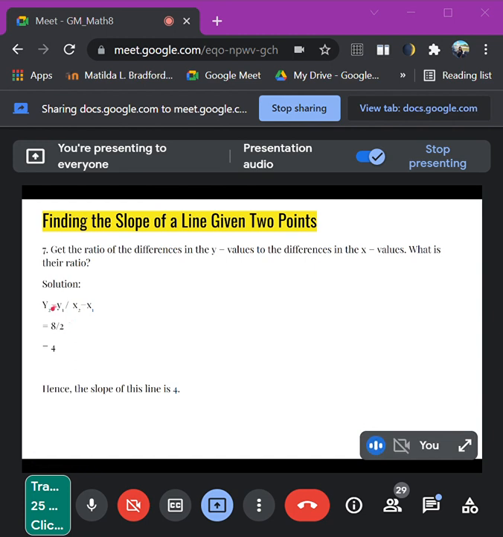So, atong gisimplify, 8 divided by 2 is equal to 4. So, it means to say that the slope of this line with the given ordered pairs or given points is equal to 4. Okay, so mao na ang imuhang answer kung 2 points ang gihatag.